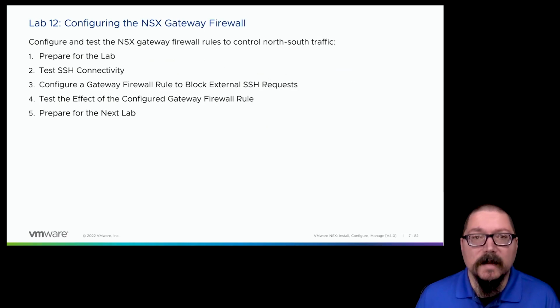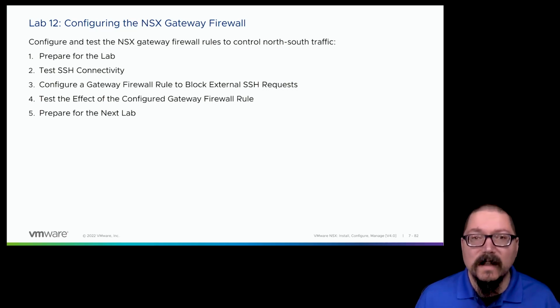So let's play with this for a couple of minutes, right? Mechanically, this is almost identical to the distributed firewall. Our rules are going to be a little different. They're going to have a little bit different spirit to them. We're not protecting virtual machines from each other. We're protecting virtual machines from something outside our perimeter. So we're going to look at SSH connectivity from our desktop. We're going to make sure that works before we build our policies.